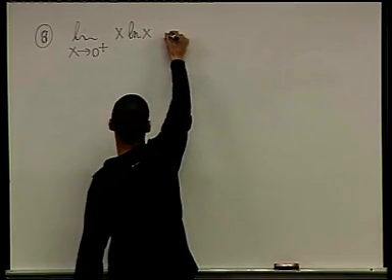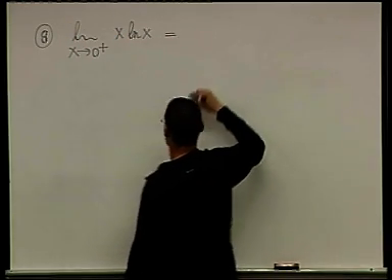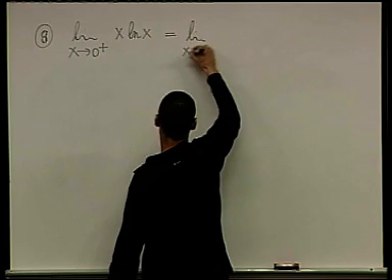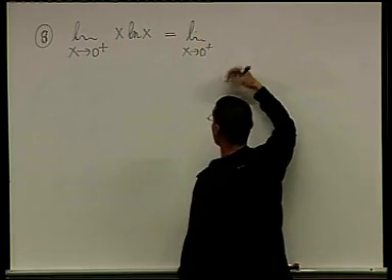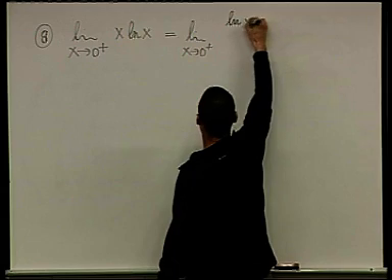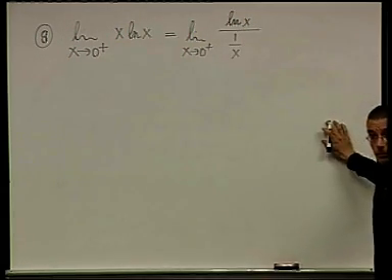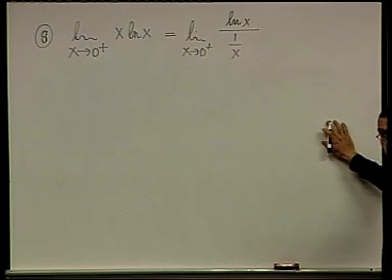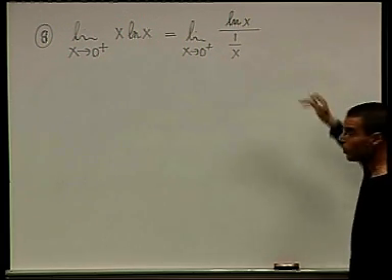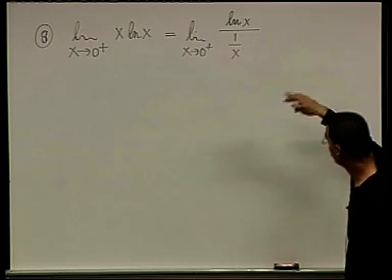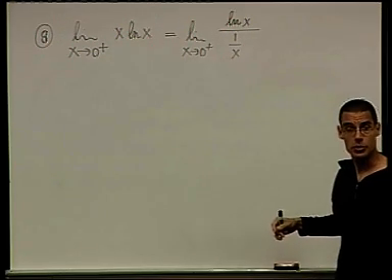But standard, very standard procedure, limit x goes to 0 plus, rewrite it as ln of x divided by 1 over x. That's the same thing, right? And now it's an infinity over infinity situation. Well, a minus infinity over infinity situation.